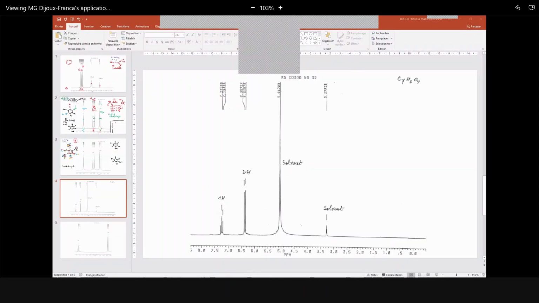Did you try to do this exercise or you didn't? Do you see the slide?